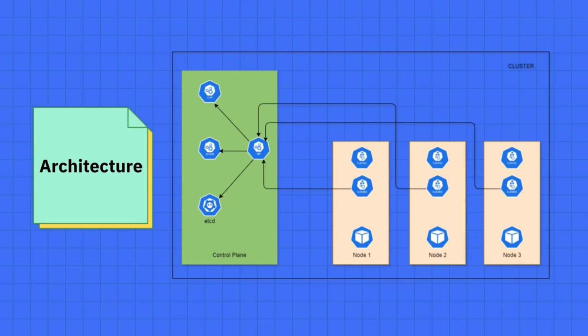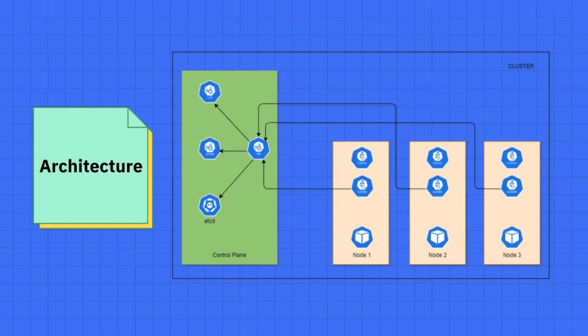And here in the image, you can see I have divided it into two parts. The first part, which is on the left hand side, is called the control plane. The control plane consists of the required tools and applications such as etcd, scheduler, the kube API, and then you have the cluster manager.